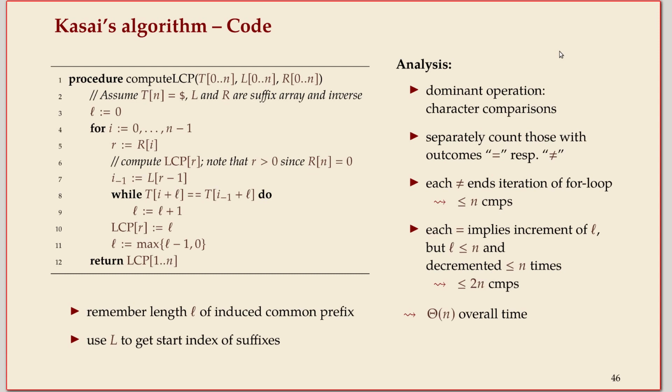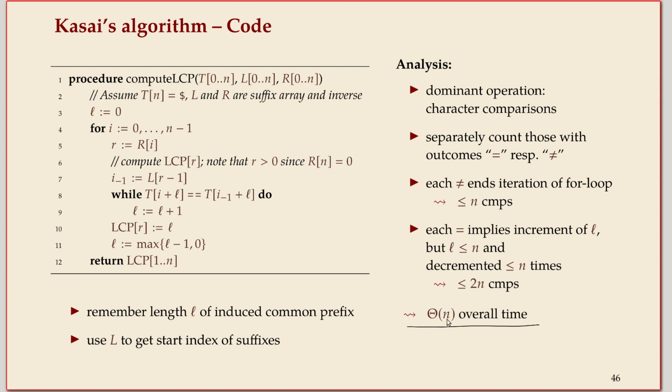Now, I guess you get the feeling that we do save comparisons by not recomputing the same shared prefix. But what is the actual overall running time? That might not be totally obvious. It turns out that it's just linear again. So it's all in line with what we've done up to now.